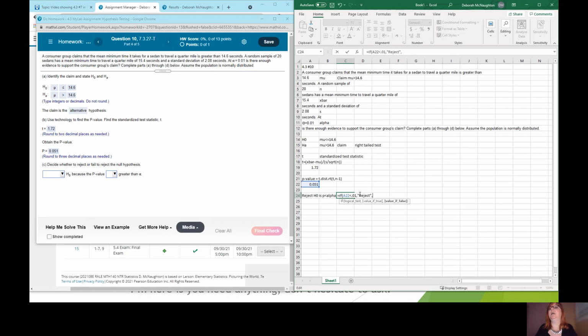We reject, otherwise we don't. If we put it in like that, it'll tell us whether to reject or not. Move this down here. And let me put in alpha, which was here 0.01. I can put that into my formula.